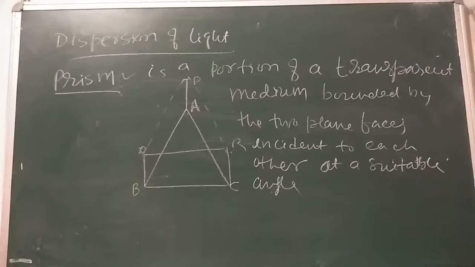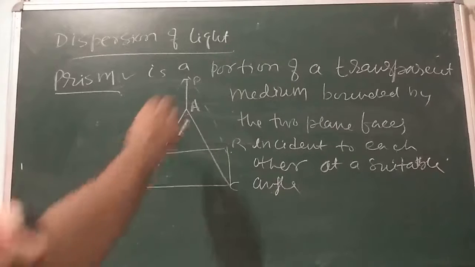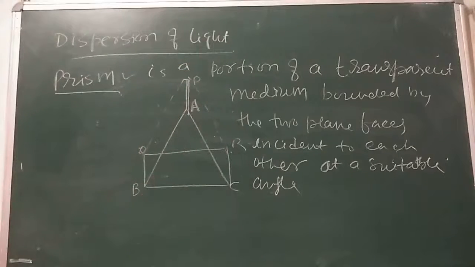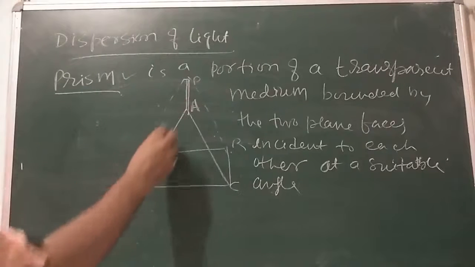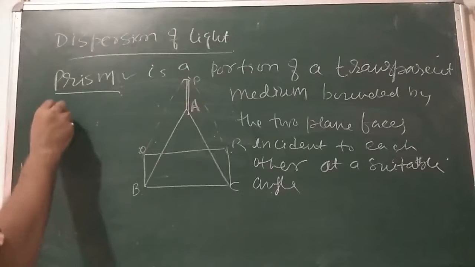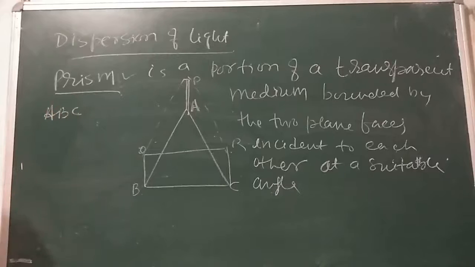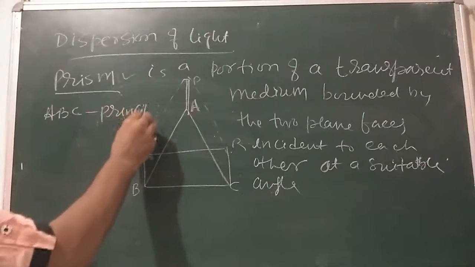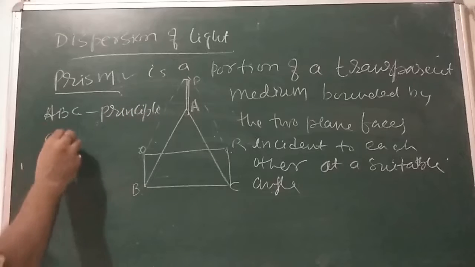You see the line AP, where the two refracting faces meet, is called the refracting edge of the prism. These are the refracting faces. ABC is the principal section of the prism.